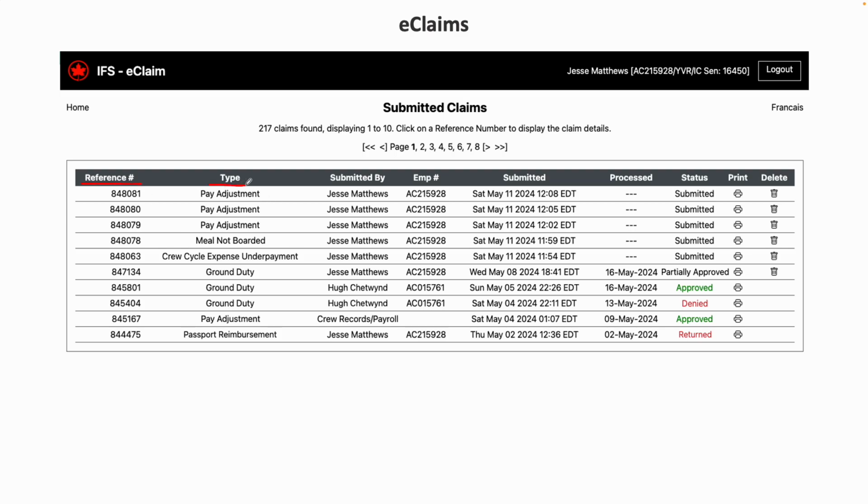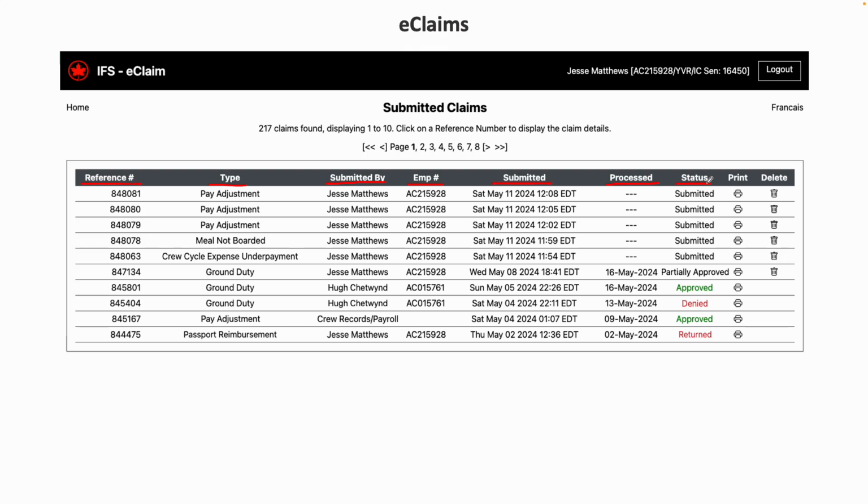The type of eClaim that's been made is indicated, who the eClaim was submitted by, and the employee number for the submitter. The date and time that the eClaim was submitted, and then the date that the eClaim is processed for when it is. And there is a status that is connected to each eClaim.